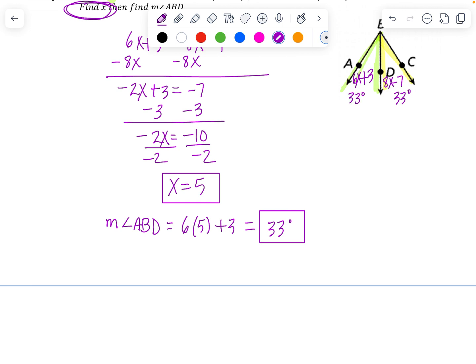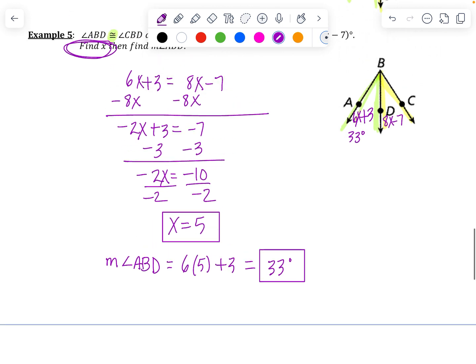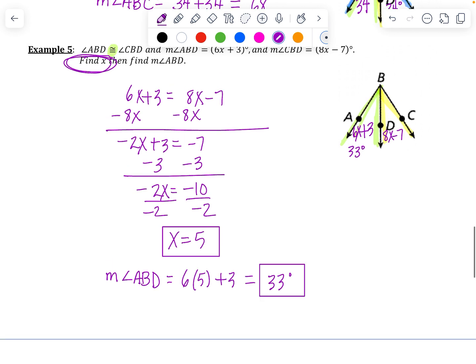These both must be 33 degrees. Plug in 5 for that 8x minus 7, and you would get 33 degrees. If they asked me about the whole big thing, it'd be 66 degrees. Now, they didn't ask that, but that would be true of any angle that's been bisected. The other half would be identical, and you could add them together to get the big angle. But the final answer, the only thing they actually asked for, was x equals 5 and the measure of ABD is 33 degrees.